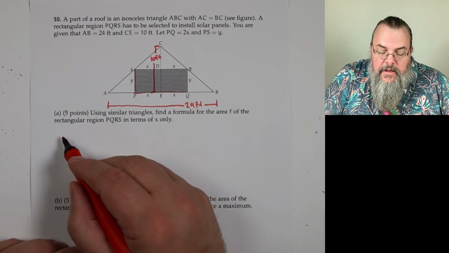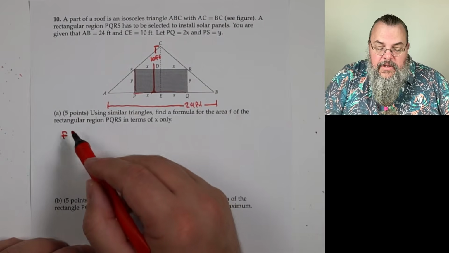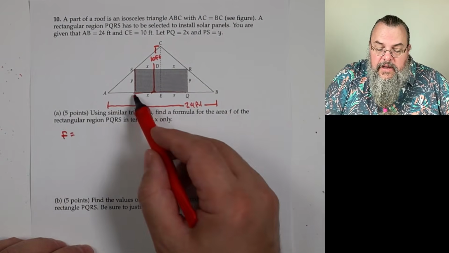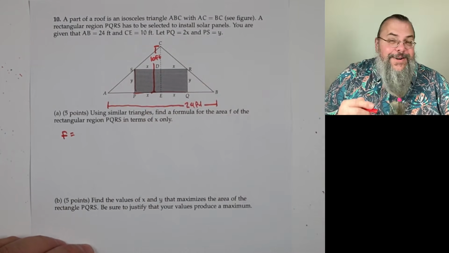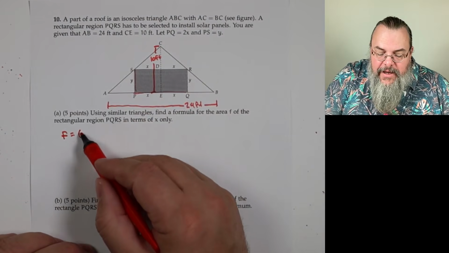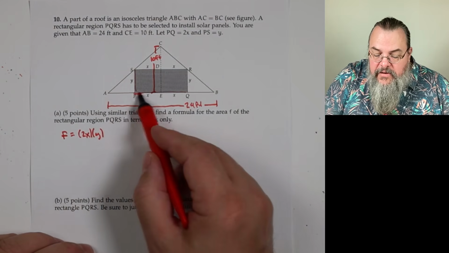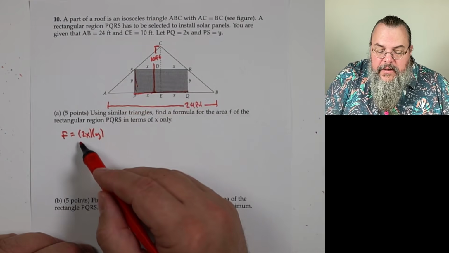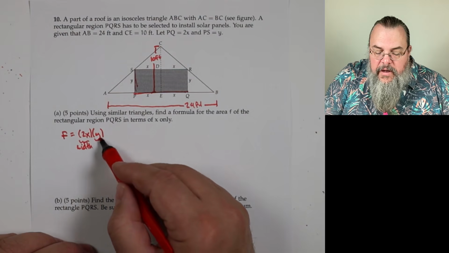Now, let's think of this. Our area F, so they want us to use F as area. Well, we can think of it as a rectangle because it's a rectangle. Whoa, cool. That makes it easy. So it's 2x times y. Right, 2x across, y height. So this is width, y is height.